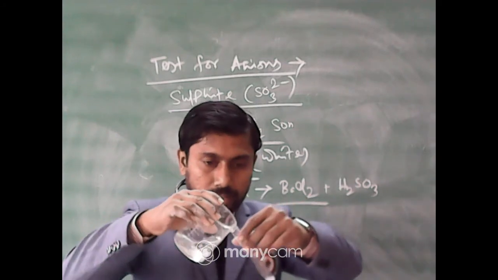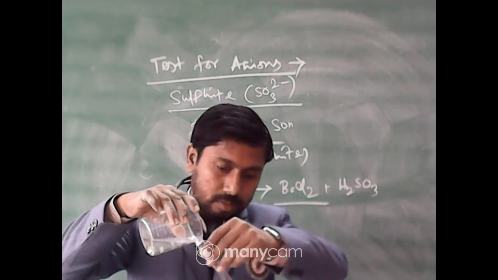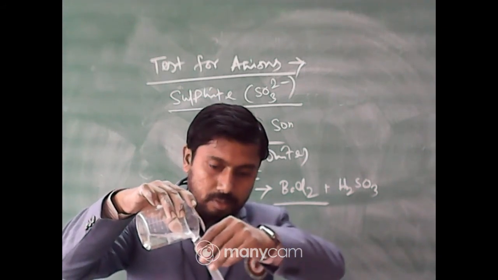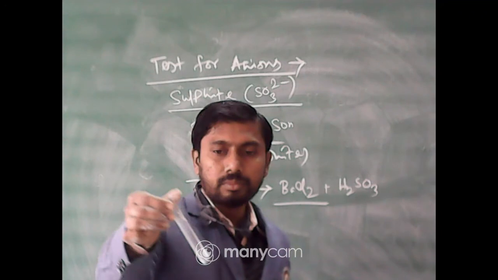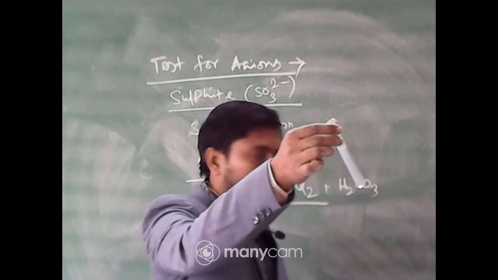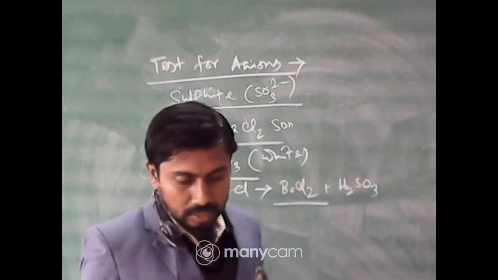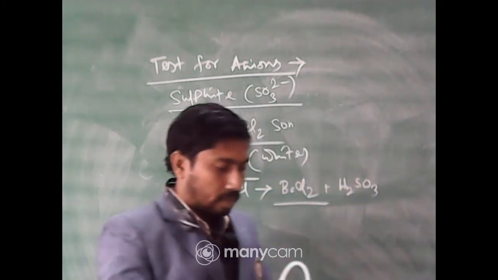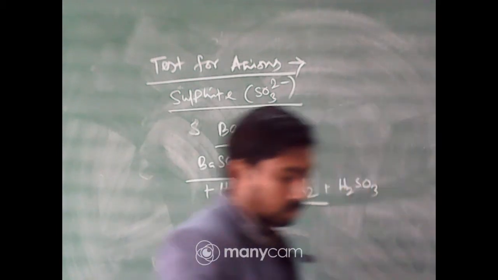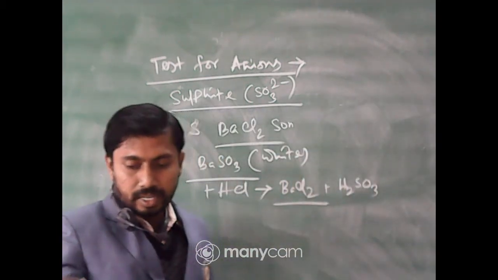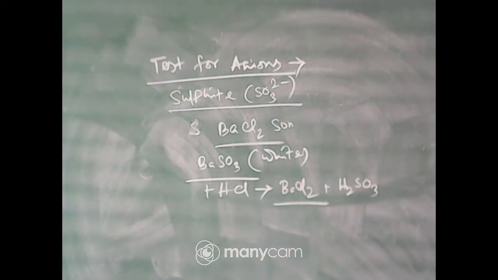Now we will add the mineral acid. It is totally transparent in color. So this is the test for sulphite, one anion.